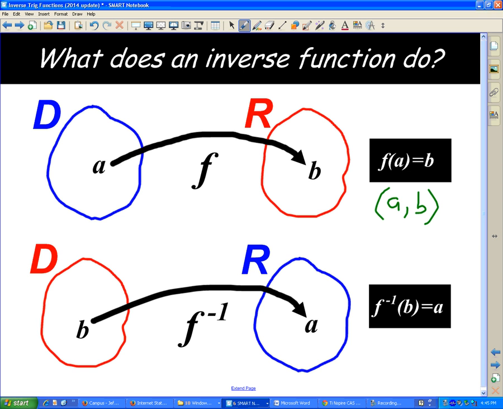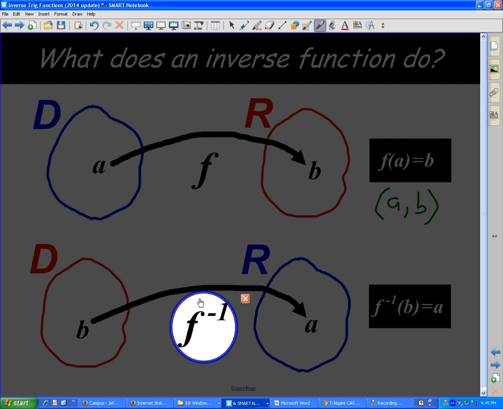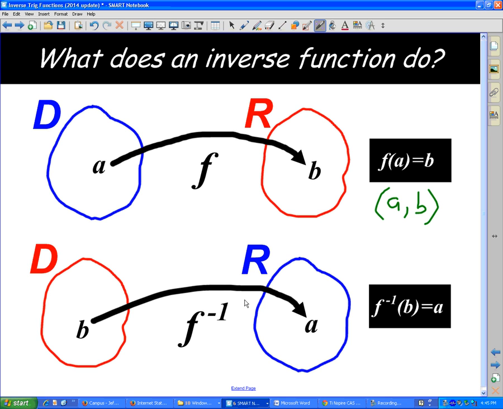So where does the inverse come into this? Well, the inverse wants to undo what the function did. The notation that we're using here for the inverse function looks like f to the negative 1, but it's not an exponent. It's not 1 over f. This is read as f inverse. And what it wants to do is reverse the process of the function f.